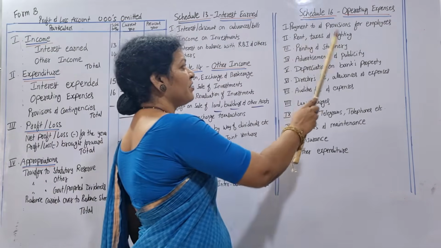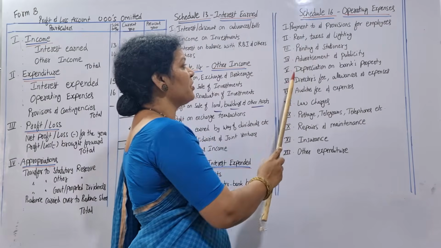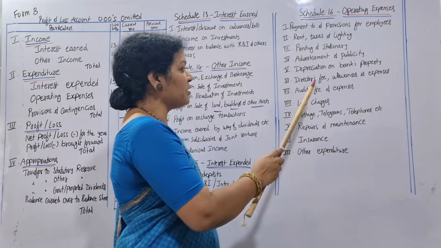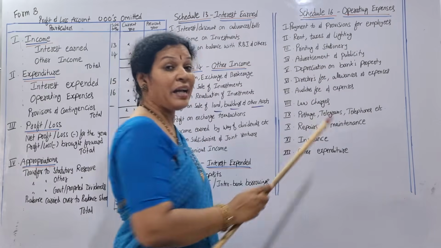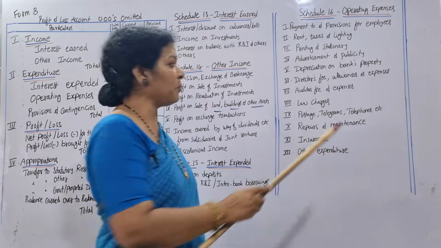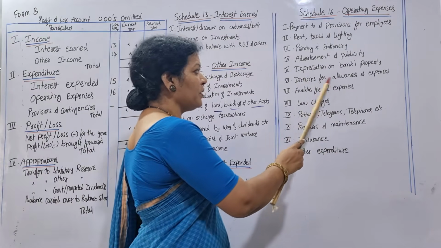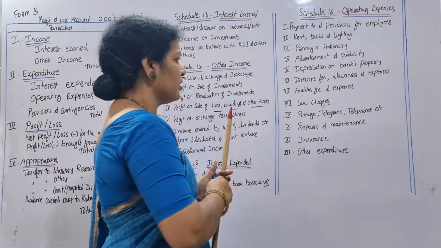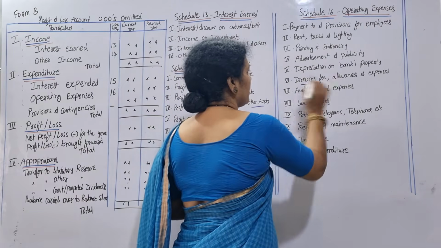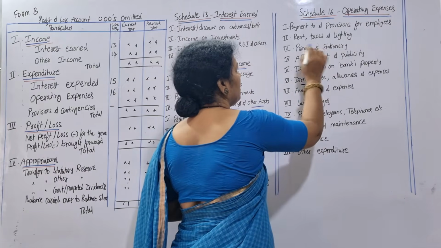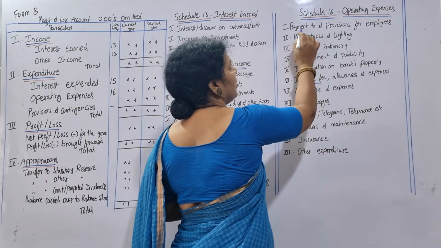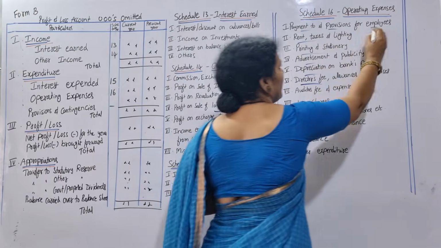So rent, taxes and lighting, printing and stationery, advertising and publicity, depreciation on bank's property, directors' fee, allowance, expenses. This everything is related to directors, depreciation, advertisement, printing and stationery, rent and taxes, payment and provisions for employees.